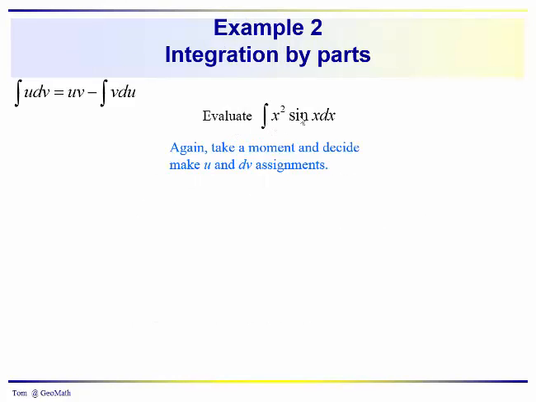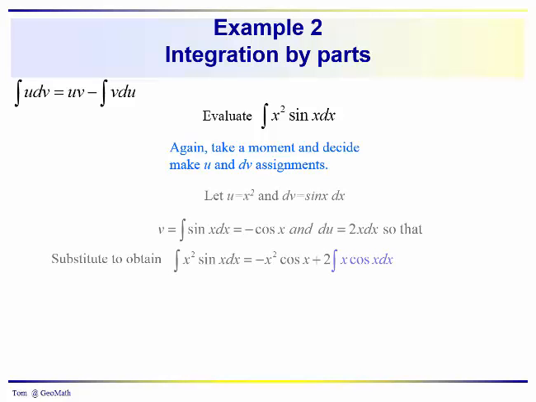We have x squared sine x dx, and I'd ask you again just to take a moment and figure out what your u and dv assignments are going to be. So you can pause and do that.